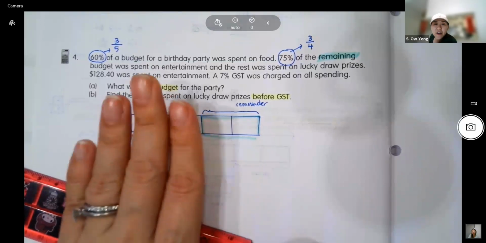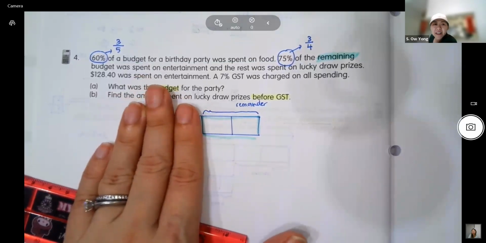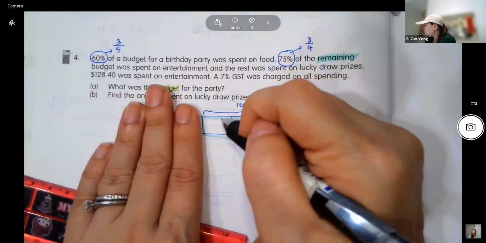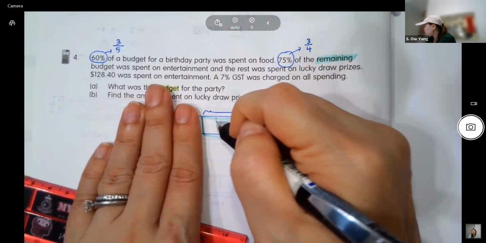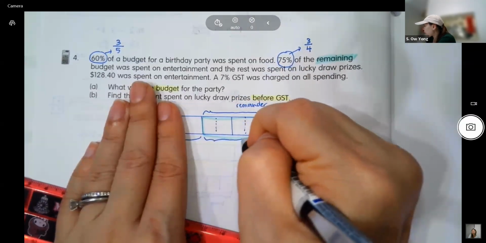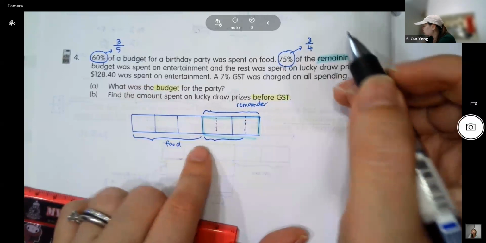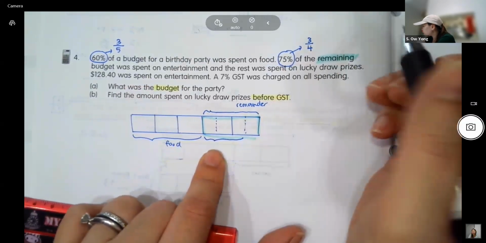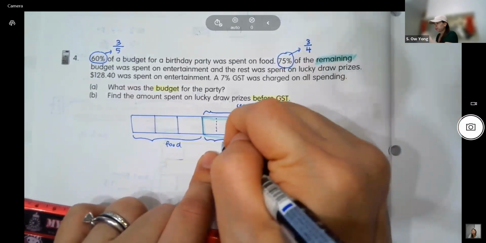And they say 3 out of 4 of the remainder was spent on entertainment and the rest on lucky draw. So I'm going to cut this into 4 and label 3 for entertainment. Okay, while the rest is for lucky draw.